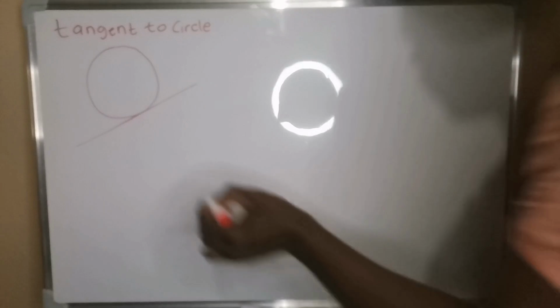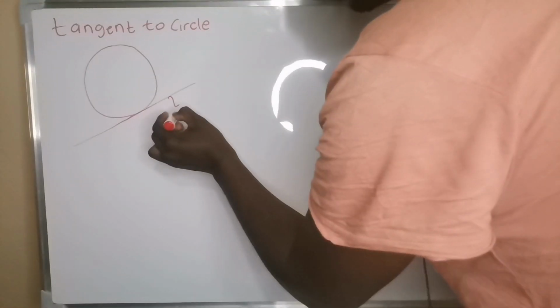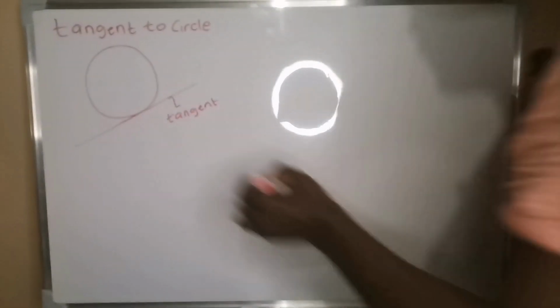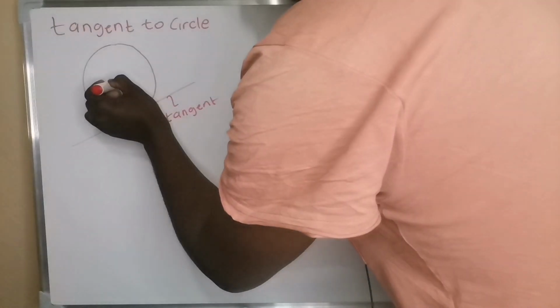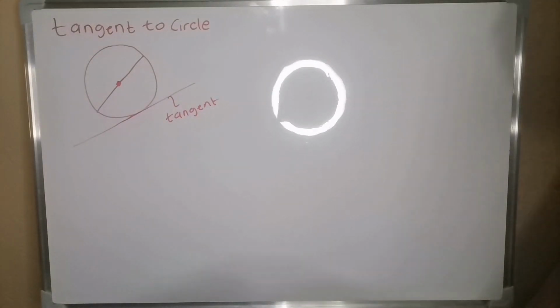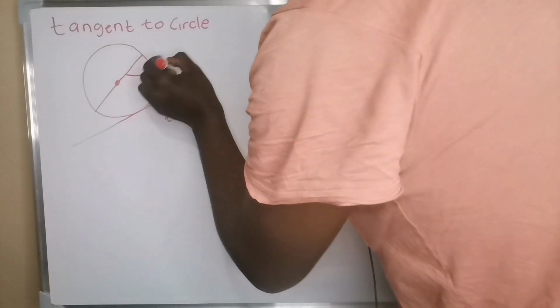Now if you can see my circle here, this circle has a line that touches it at one point. That line is called a tangent. Then we have a center here. A line that touches two points on the circumference and passes through the center is our diameter.